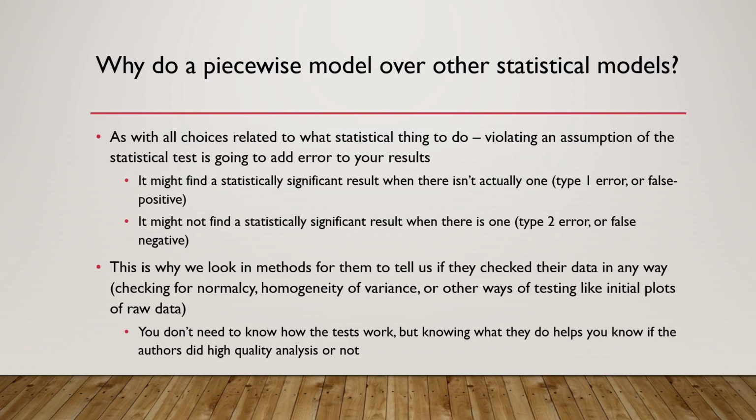If they're doing these checks with their data, it tells me that I can at least trust their data a little bit more and trust their analysis because they've taken the time to ensure they've done an appropriate analysis for their data. It doesn't mean that articles that don't do these are useless or not good, but I want to be a little bit more cautious if I don't have this information to know that the authors have taken the time to evaluate their data to choose tests appropriately or not.